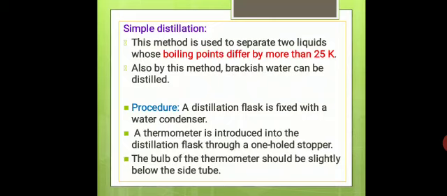For example, I am having water and acetone. Acetone is a chemical whose boiling point is 56 degrees Celsius and water boiling point is 100. Now if you check the difference in their boiling point, 100 minus 56 will be 44. Then I can adopt this method to separate them.